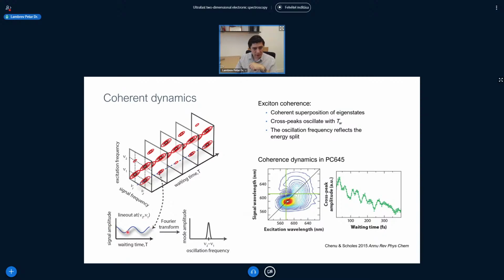So you can measure those oscillations, you can get the frequency of the oscillations, that will tell you which states are coupled. And this has been observed in a number of systems, especially light harvesting complexes of various photosynthetic organisms, and created the idea that this quantum coherence is an intrinsic part of photosynthesis and also other biological processes.